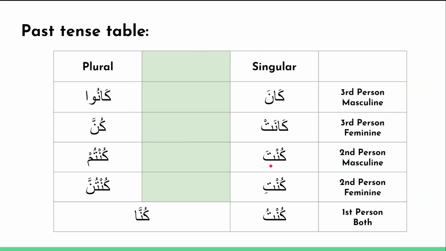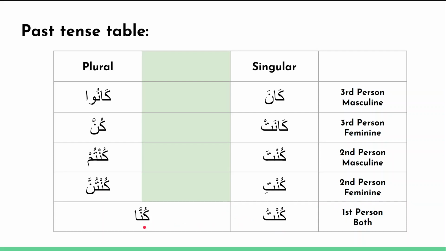Okay, what about you? You were, kunta. You all were, kuntum. You were, speaking to a woman, kunti. You all were, speaking to a group of women, kuntunna. I was, kuntu. We were, kunna.